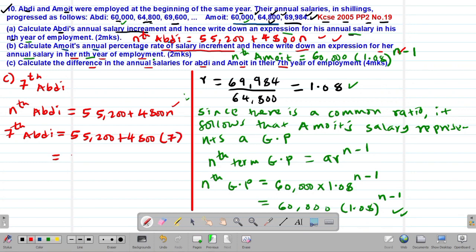So this will be 55,200 plus, if you take 4800 multiplied by 7, you're going to get 33,600. When we add these two, 55,200 plus 33,600, we'll get shillings 88,800.